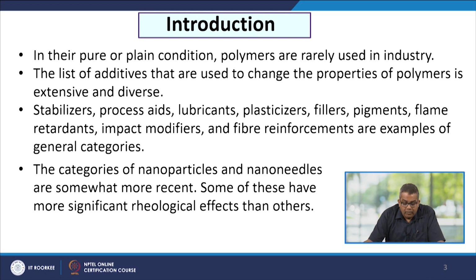The ultimate aim of all these ingredients apart from the polymer matrix is to improve the properties of the polymer. The different categories of nanoparticles and nanoneedles are somewhat more recent, and some of these have more significant rheological impact than others.